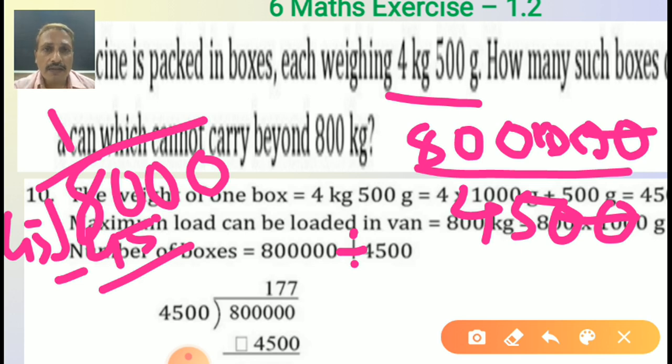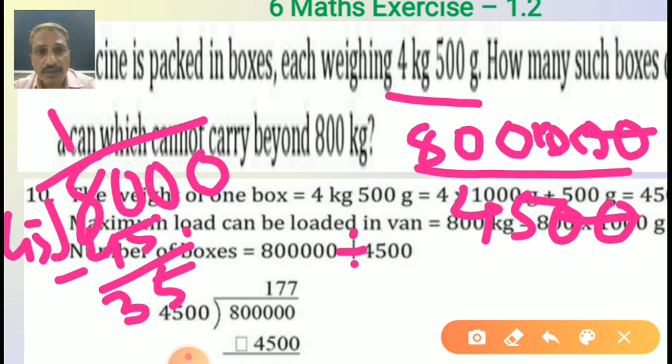The final answer remains the same. Now what's left here? 35. I am not telling you how I did this, because you are students of 6th standard and we already completed subtraction many times. I will show you one trick. Add both numbers, 45 plus 35. What is the answer? Yes, 80. That means 35 is correct.